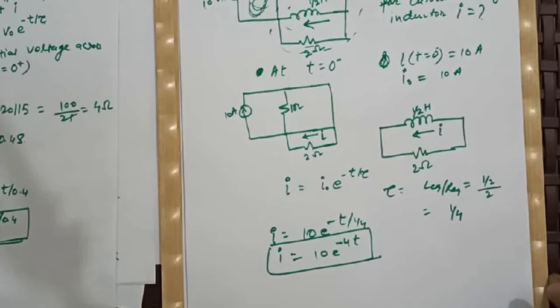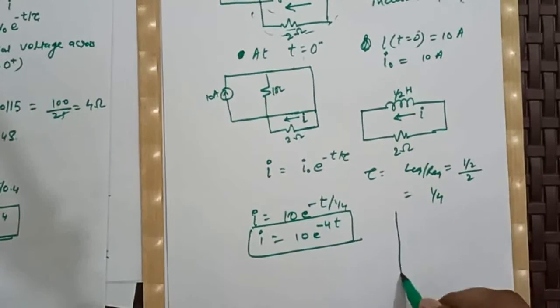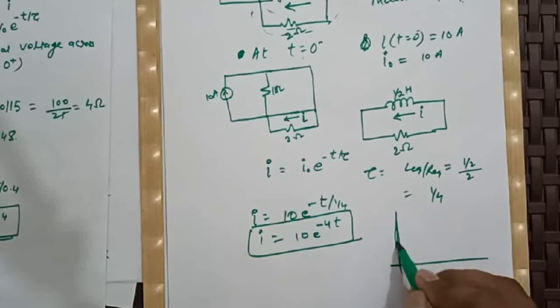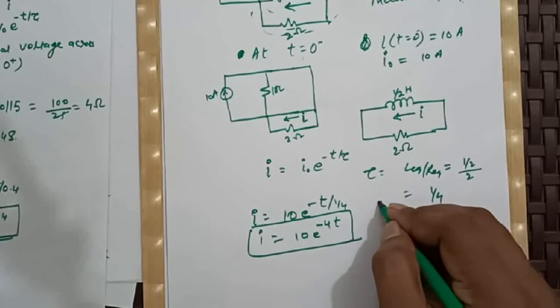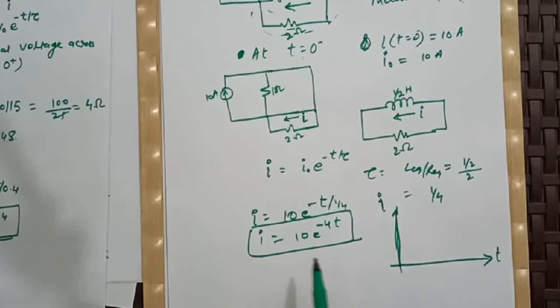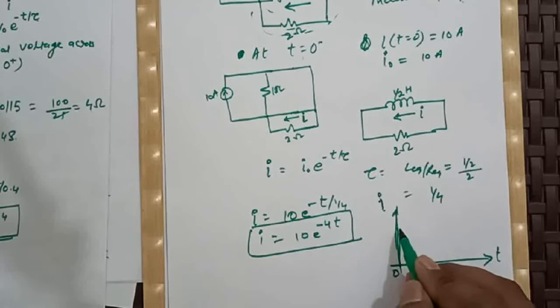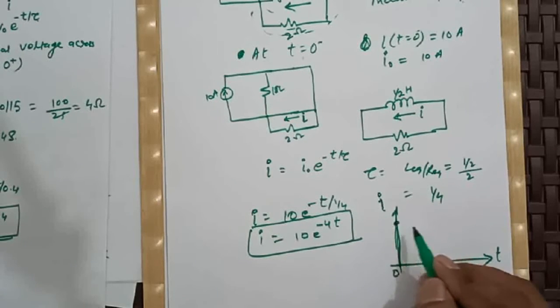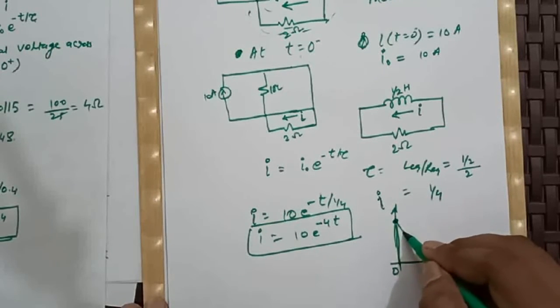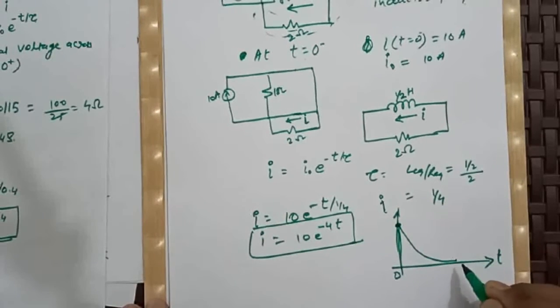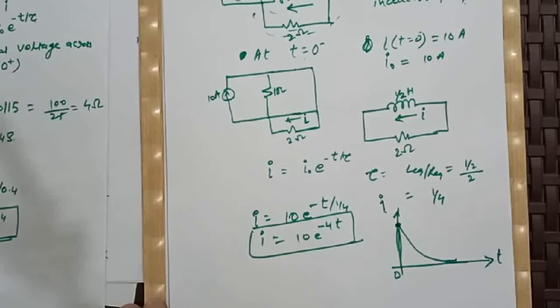Now if we try to draw its graph, how will it look? This is the time axis, this is the current axis. At time t equal to 0, the current was I naught, which is 10, and it will fall exponentially, right?